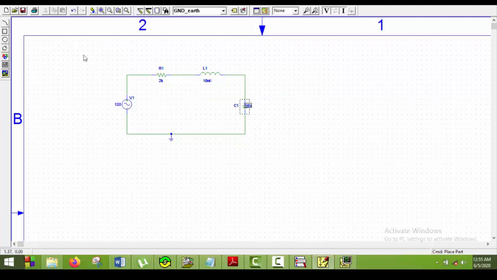Now I will give those nodes some names. This node will be node 1, this will be the second node, and this will be the third node. Now there is a question you might ask: why did we use VAC instead of Vsin?